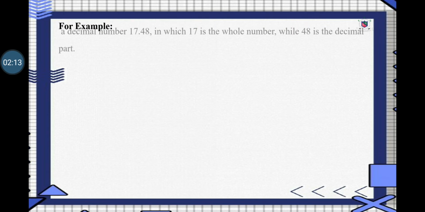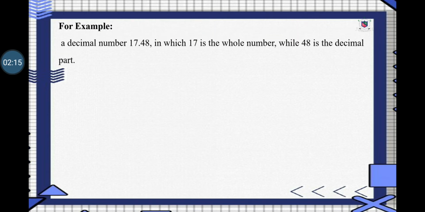For example, a decimal number 17.48, in which 17 is the whole number while 48 is the decimal part because it is following the decimal point.